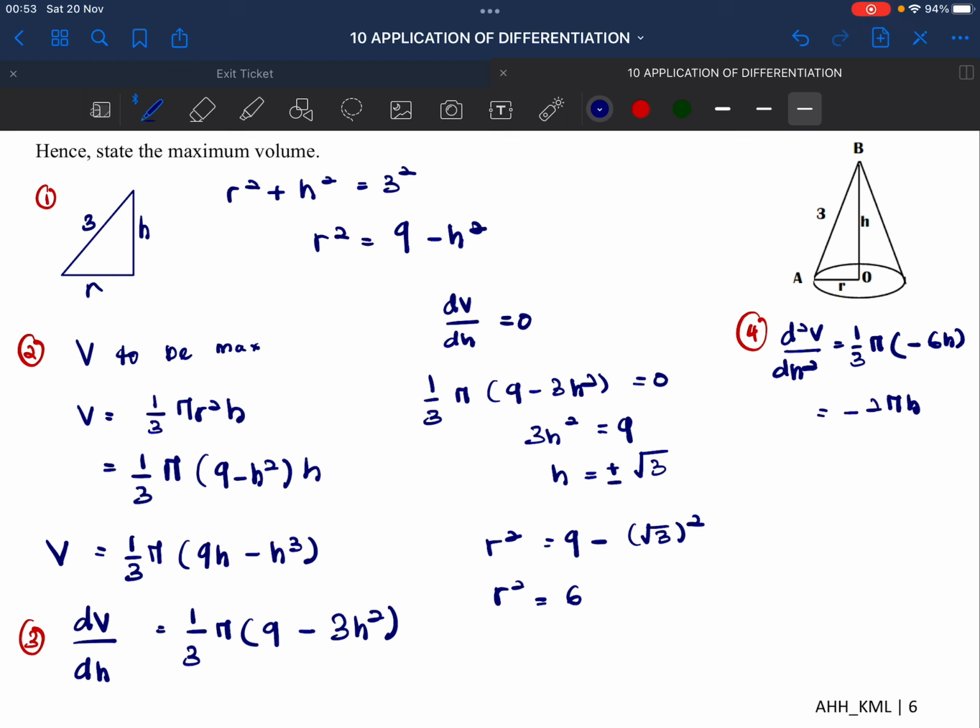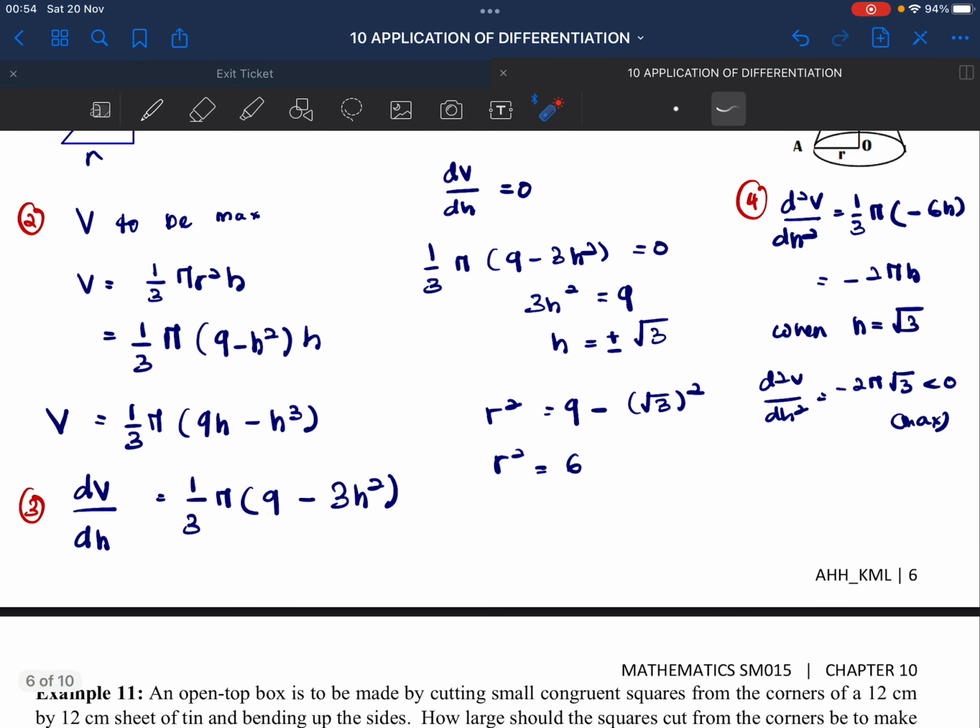If we substitute the value of our h, which is square root 3, when h equals square root 3, our second derivative will be negative, so that will be the maximum. So it's right that the volume is maximum when h equals square root 3.